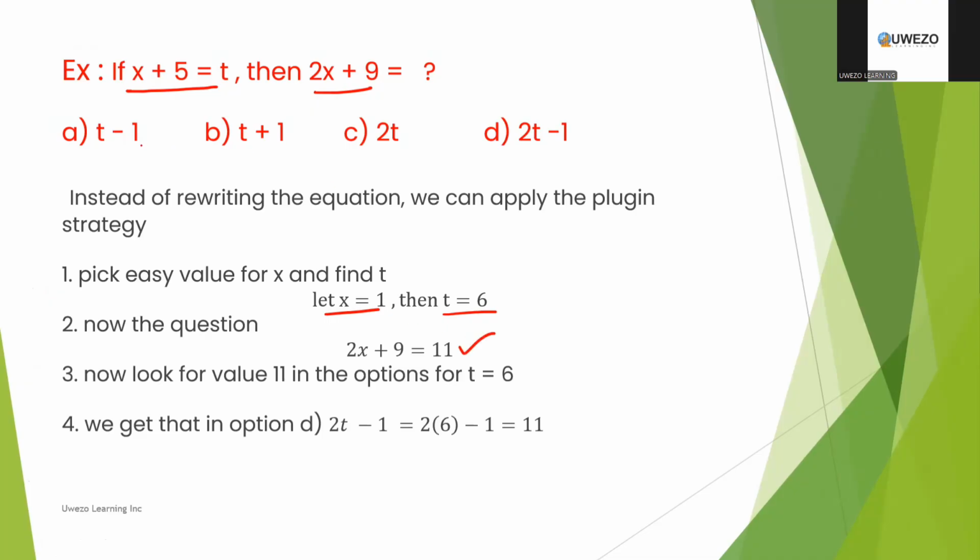Now we need to find 11 in the options by plugging in t equals 6. So now we could go through the process of elimination. A does not give us the answer. B also is not giving the answer as 11 for t equals 6. C also is not the right option. So D will be our answer, where we get the value as 11.